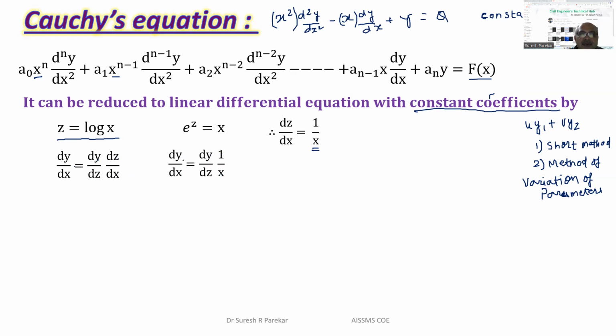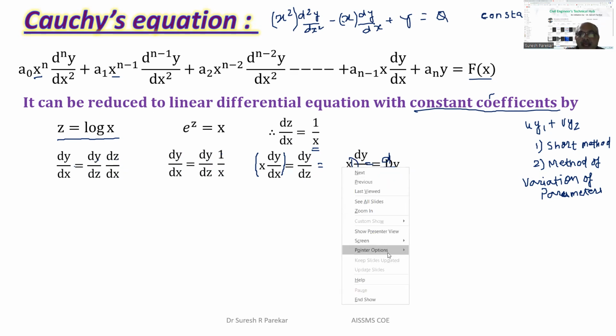Now x we will take on the left side. So we have x dy by dx equal to dy by dz. Now this dy by dz, we will write as capital D. So we can write D is equal to d by dz. And therefore this we can write as D of y, that you can see over here.